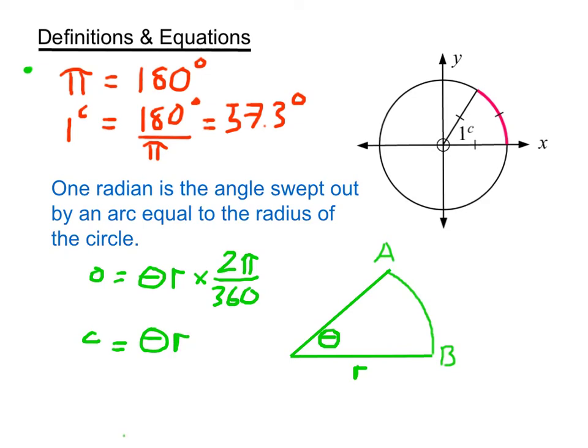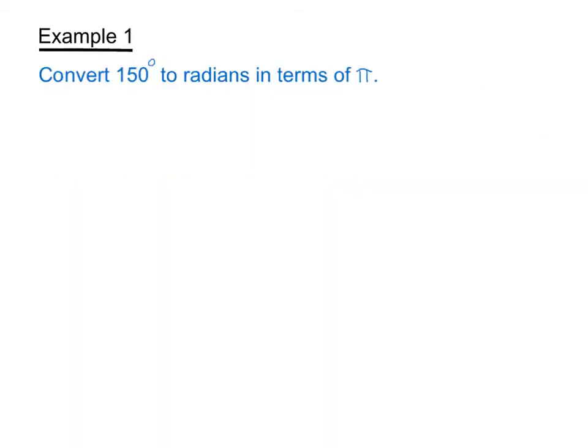Now let's take a look at a few examples of how to convert between degrees and radians and between radians and degrees. In this example problem, we want to convert 150 degrees to radians in terms of pi. We're going to use a conversion factor here, which simply is that pi is equal to 180 degrees. Now essentially we want the degrees to cancel out, so we're going to multiply by the conversion factor in the form of pi divided by 180 degrees.